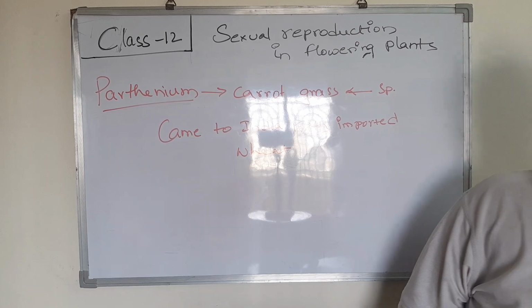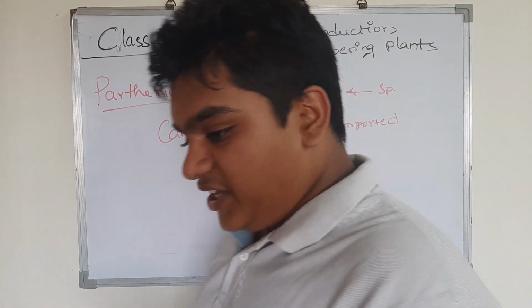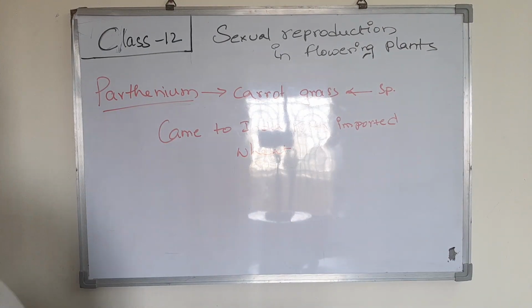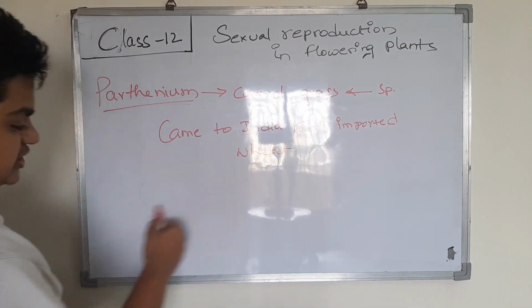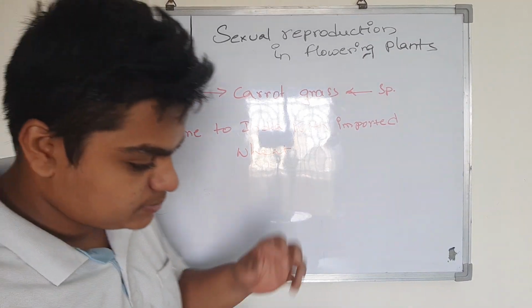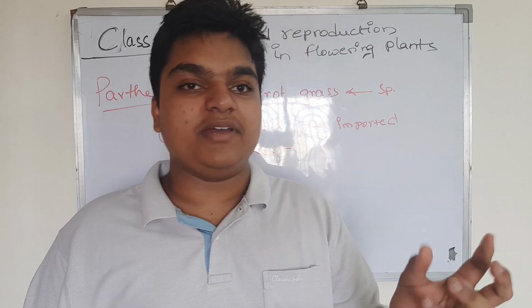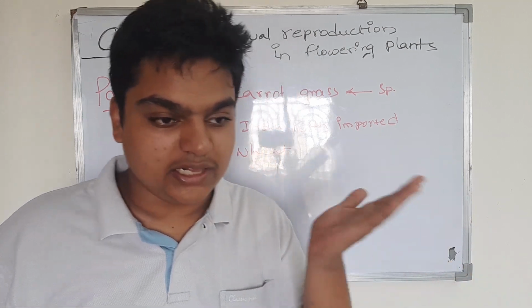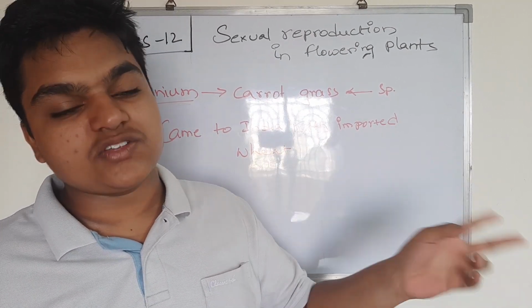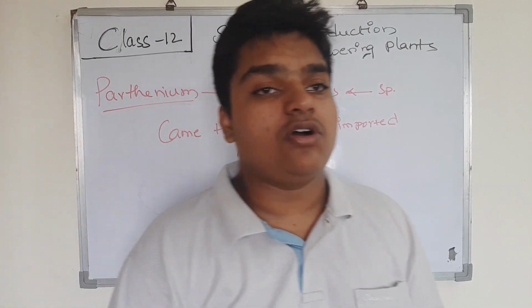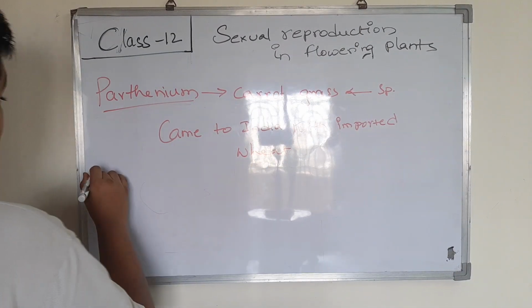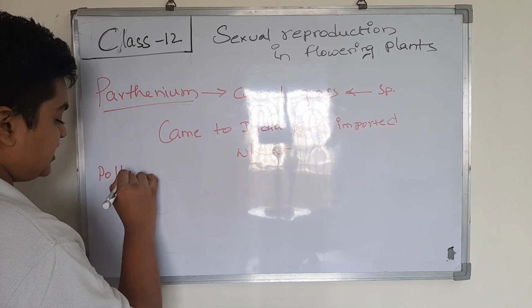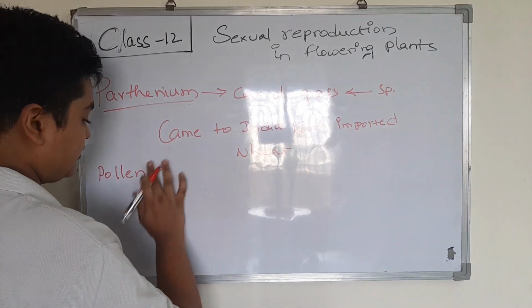Now, the period from the release of pollen until they die is called viability, that is, pollen viability. To simply say, it is the lifespan of pollen.